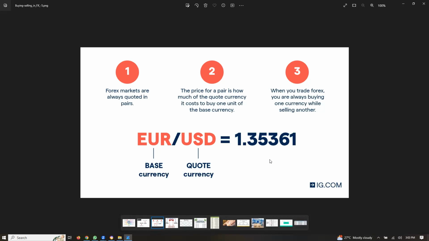How this works in the forex market is that whenever you have a pair like EUR/USD, it can be any pair, if you want to buy, it means that you are trusting the base currency. You believe that the base currency is going to increase in value or appreciate, and strengthen against the quote currency.